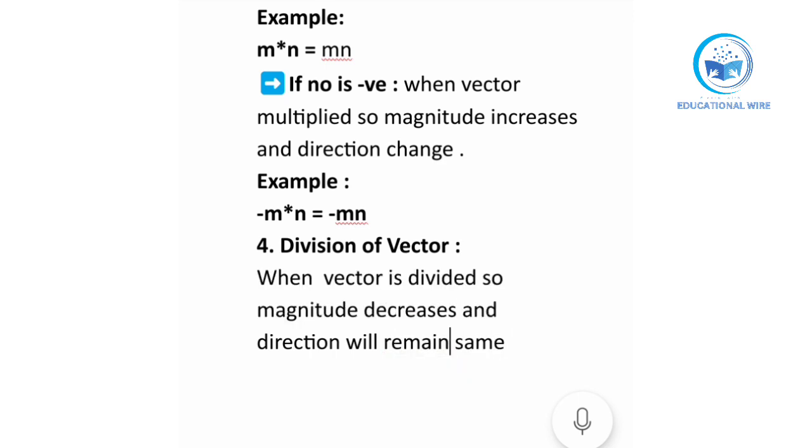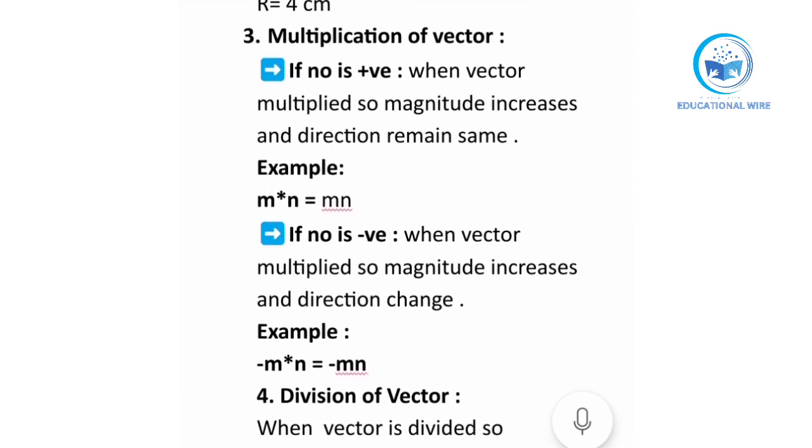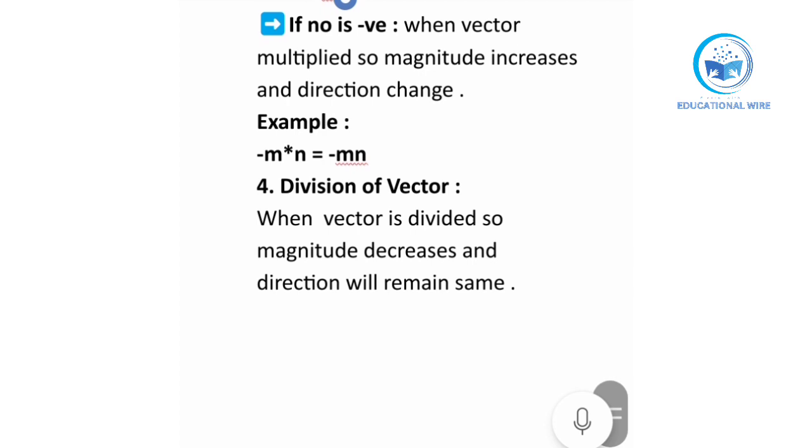Have you observed that this is the opposite of something? Let's check it out. When a vector multiplies, the magnitude increases. Yes, it's the opposite of multiplication of vector in positive, where we said that when a vector is multiplied, the magnitude increases and the direction remains the same. Here it is the opposite: when a vector is divided, the magnitude decreases and the direction will remain the same.